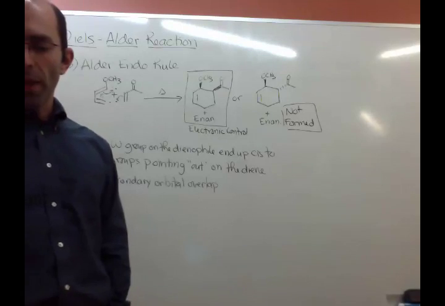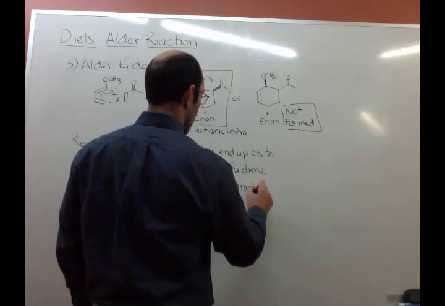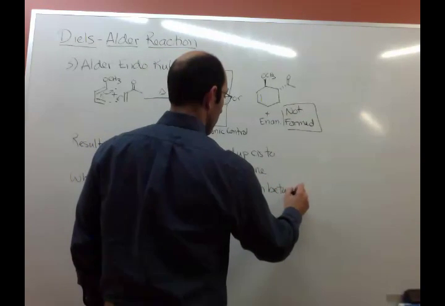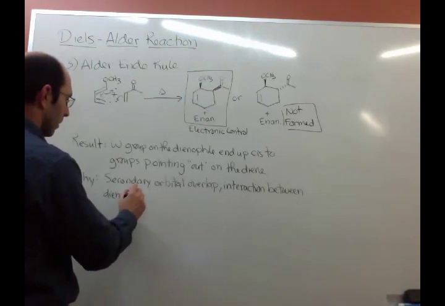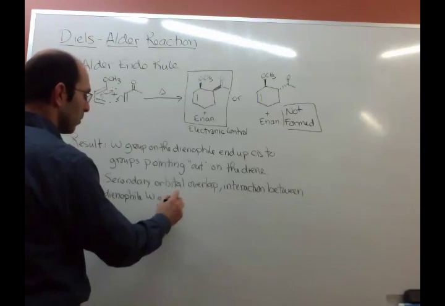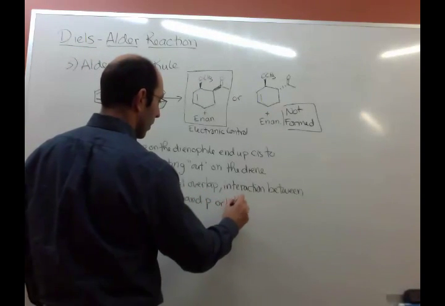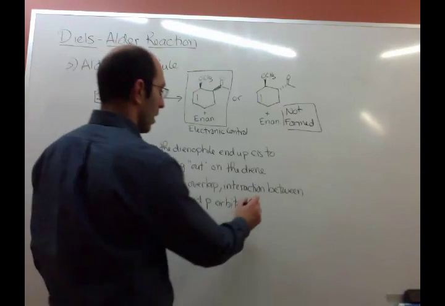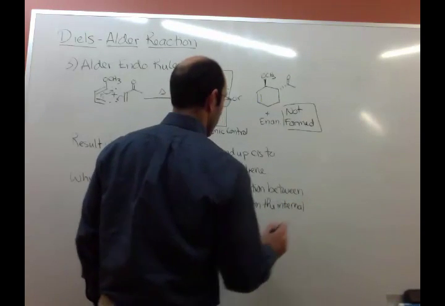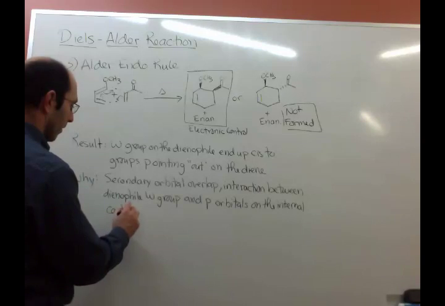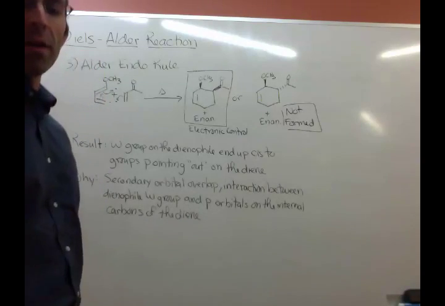And secondary orbital overlap is an interaction between the dienophile W group and p orbitals on the internal carbons of the diene.